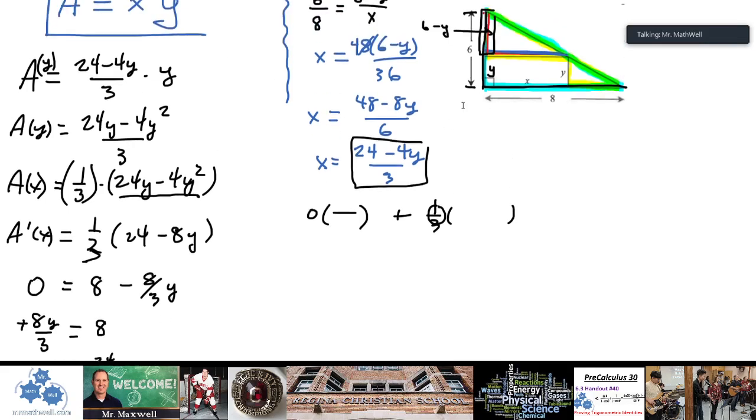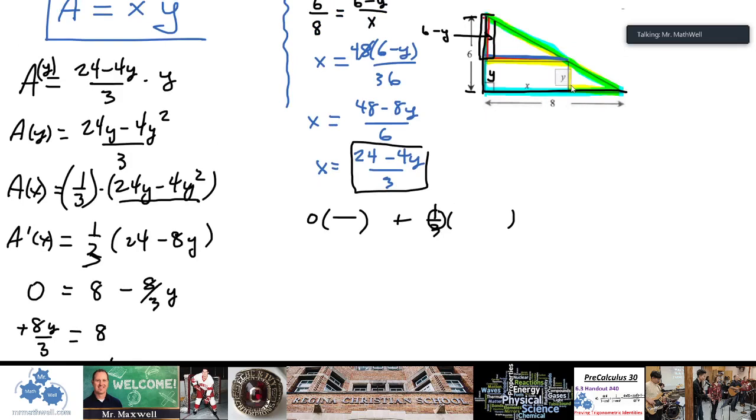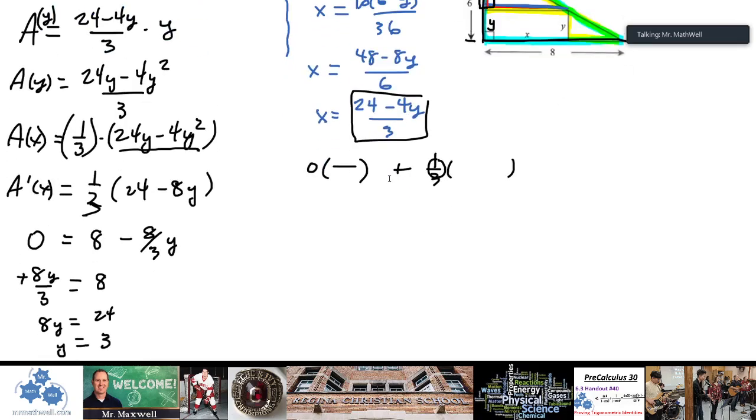Okay, so I get y is 3. Now that's nice, because in my diagram I have a y over here, and again that's the variable that I have in this area function. So if y is 3, I can solve for x, and this is exciting, that I have x defined over here in terms of y. So 24 minus 4 times 3 over 3.